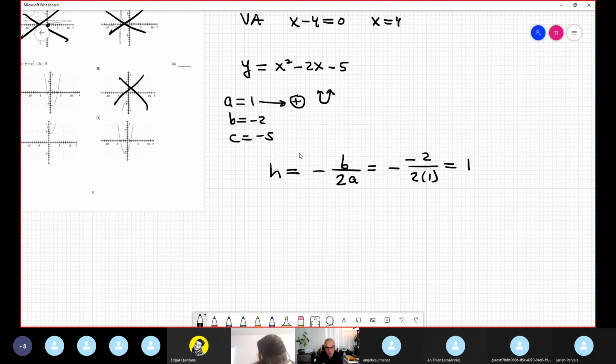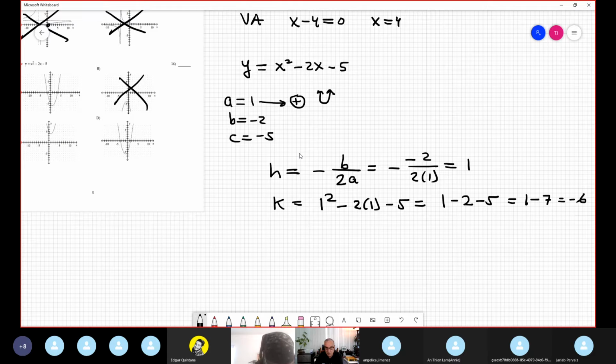1 comma something. And in order to find the y value, which is k, you plug 1 into the original. It's 1 squared minus 2 times 1 minus 5. So 1 minus 2 minus 5. Minus 2 and minus 5 together is minus 7. 1 minus 7 is negative 6.